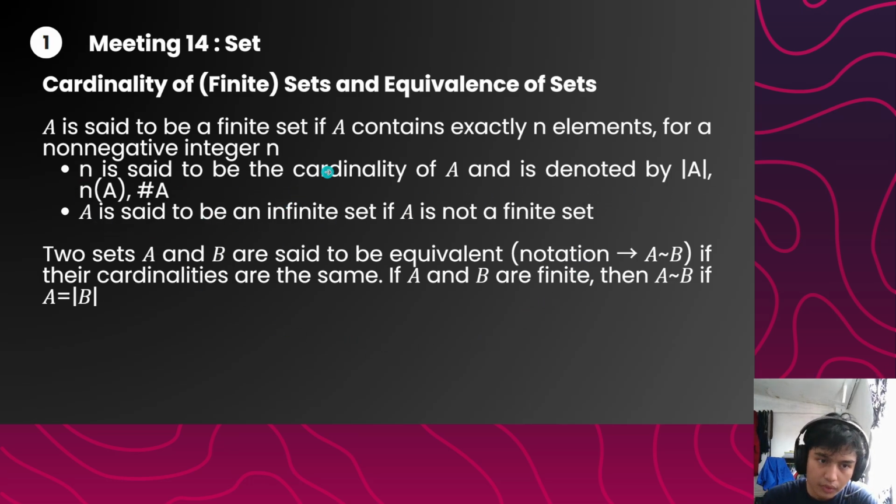A is said to be an infinite set if A is not a finite set. Two sets A and B are said to be equivalent. This is the notation for equivalent, this symbol right here, if their cardinalities are the same. If A and B are finite, then A is equivalent to B if |A| equals |B|.